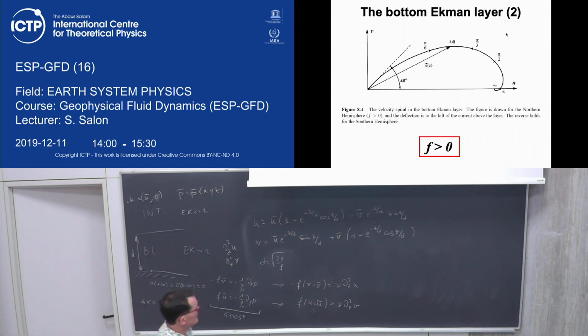So now we want again to calculate the transport. This is sine Z over D, cosine Z over D. So you see that there is quite a lot of symmetry.